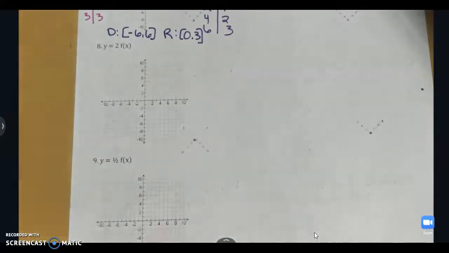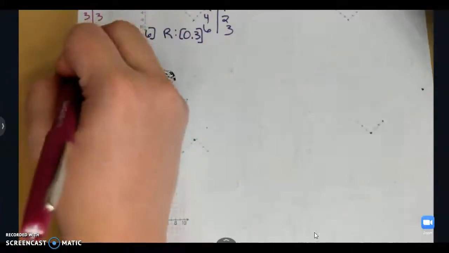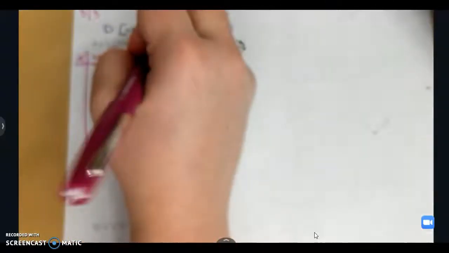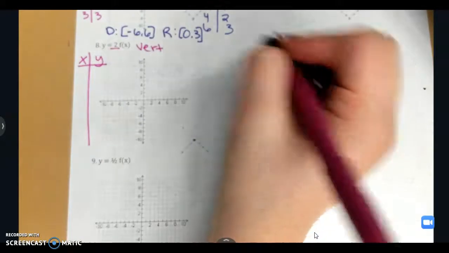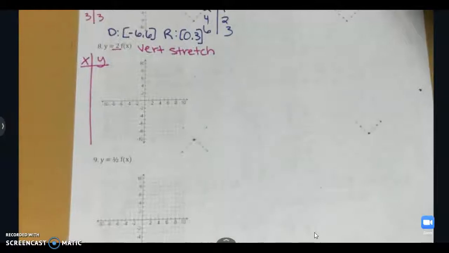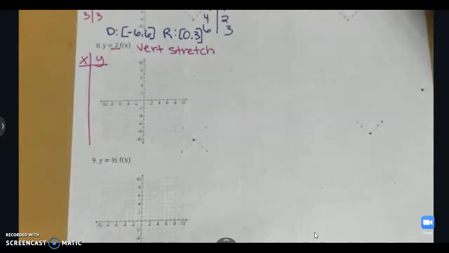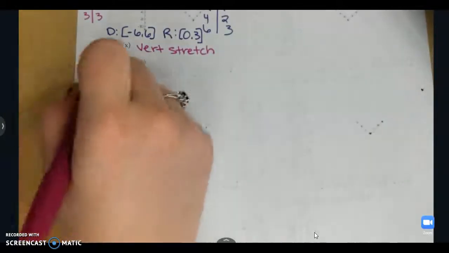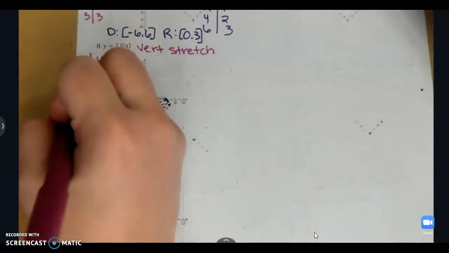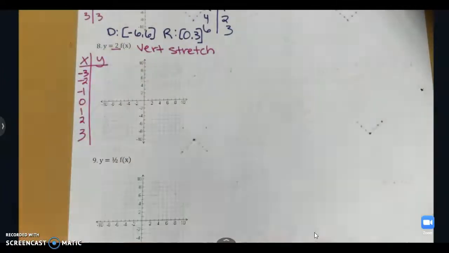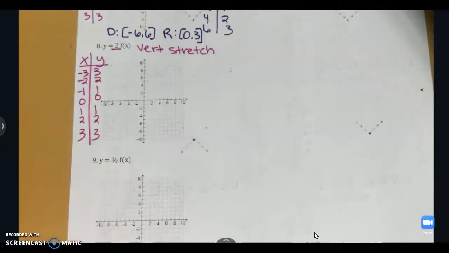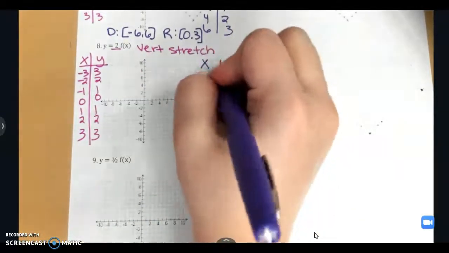All right, on number 8, I've got this times 2 on the outside, which means it is going to be a vertical change. And because this number is greater than 1, it's going to be a stretch. So remember, whether it's a stretch or shrink is opposite for horizontal and vertical. So when it's greater than 1 in a vertical change, it's a stretch. So we're going to be changing our y values only.